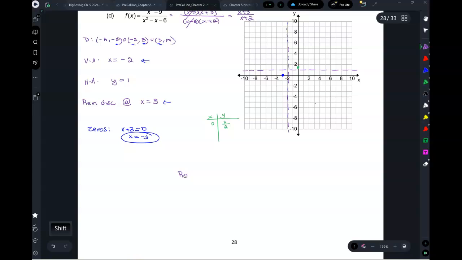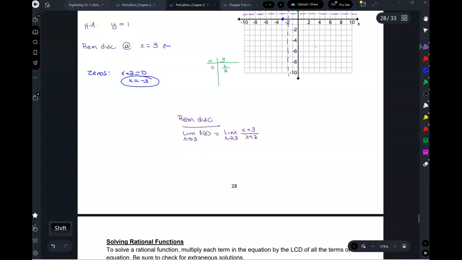So here's what you can do. For the removable discontinuity, you say the limit as x approaches 3 of f of x. This is the limit as x approaches 3 of x plus 3 over x plus 2. When you say limit, because limit isn't the value at a point, it's where the graph is approaching, you're free to plug in that point.